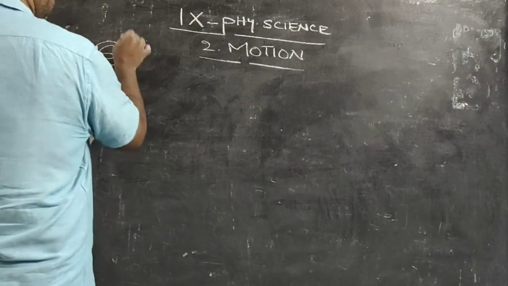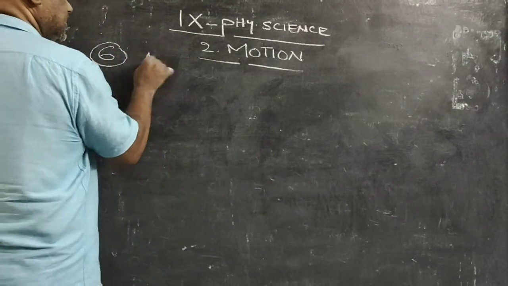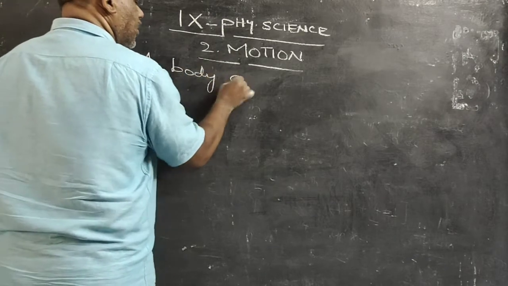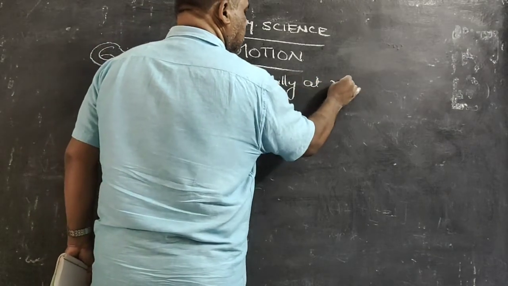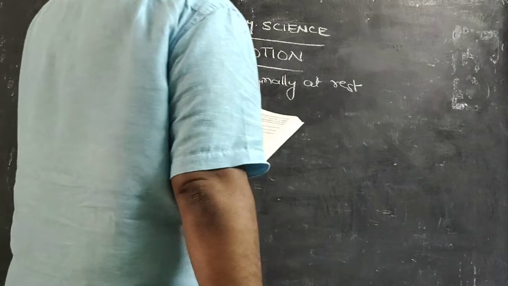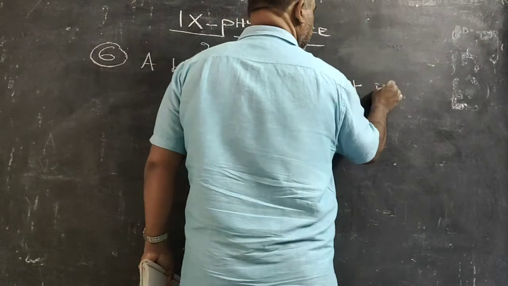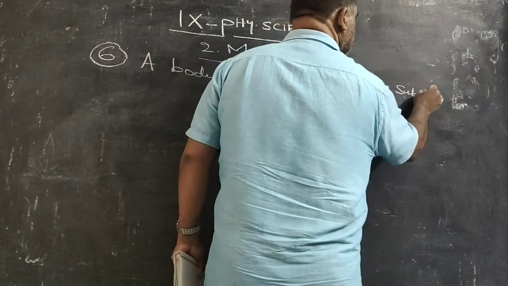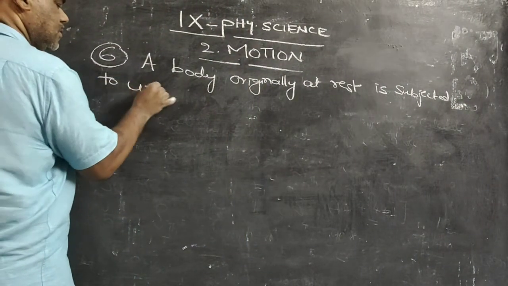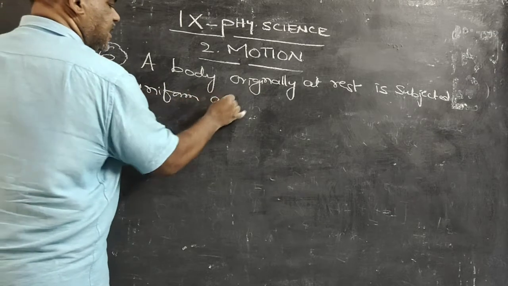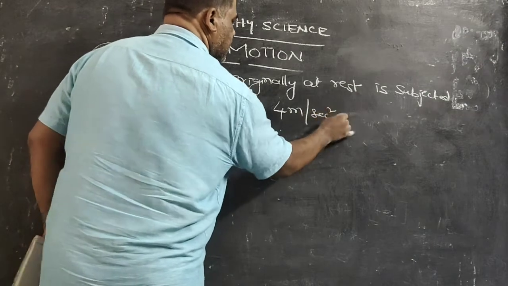Right, sixth one. A body originally at rest is subjected to uniform acceleration of 4 meters per second square.